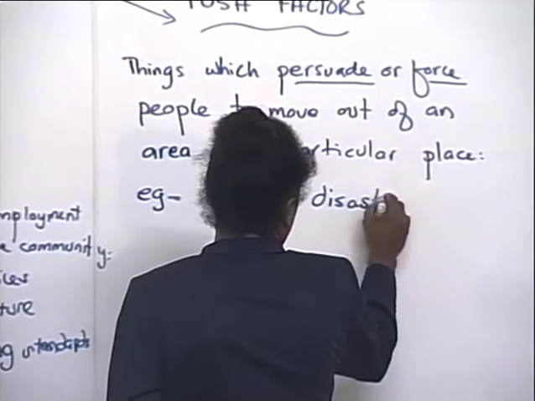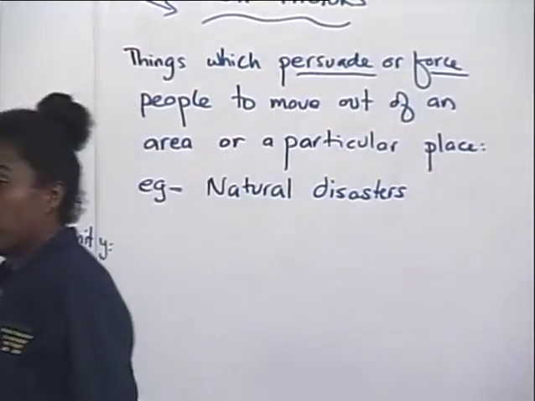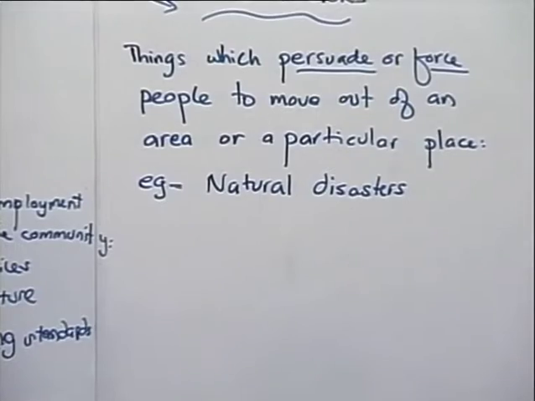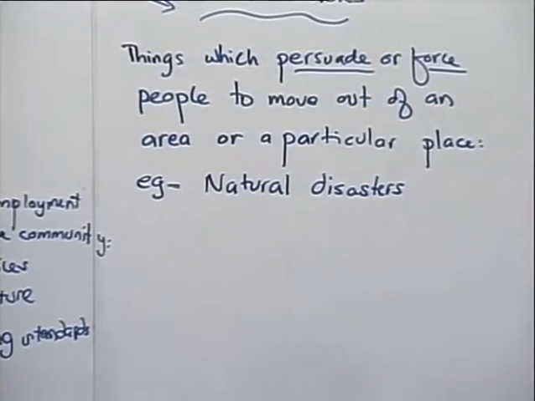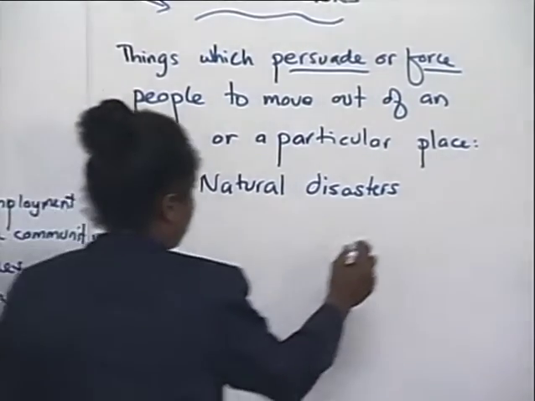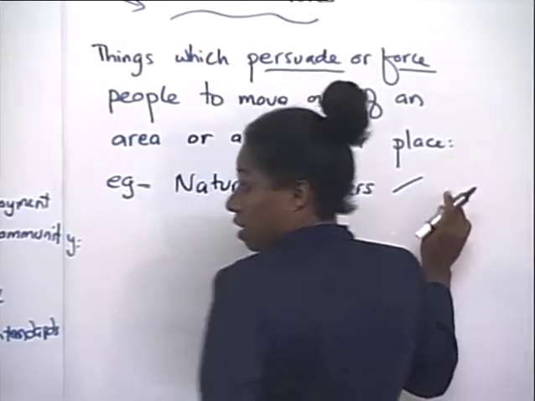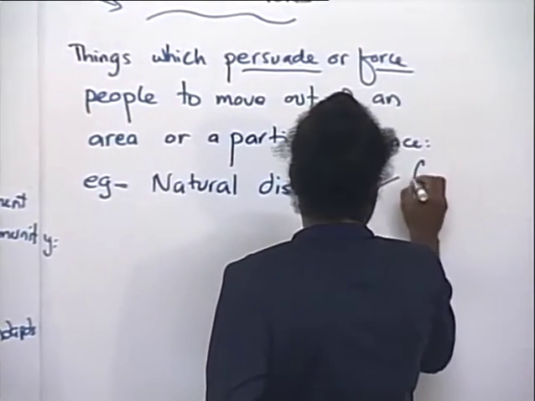Natural disasters. Okay, we look at natural disasters. Would you like to give us some examples of natural disasters? Famine or volcano. Famine? Some examples. Famine is one. Any others?